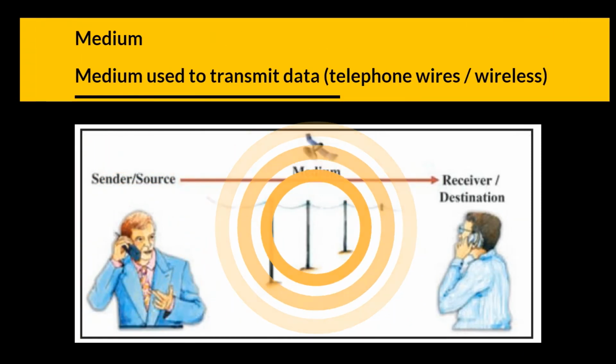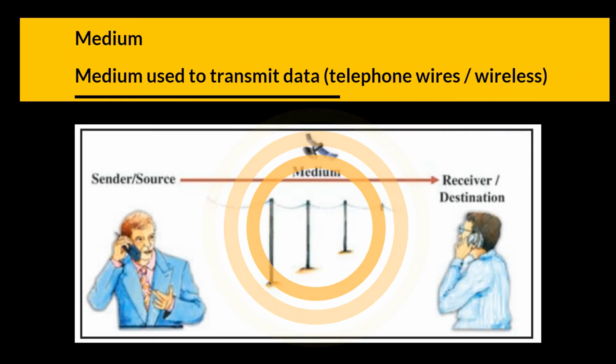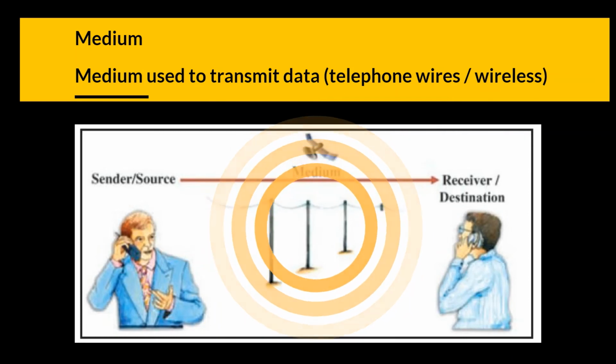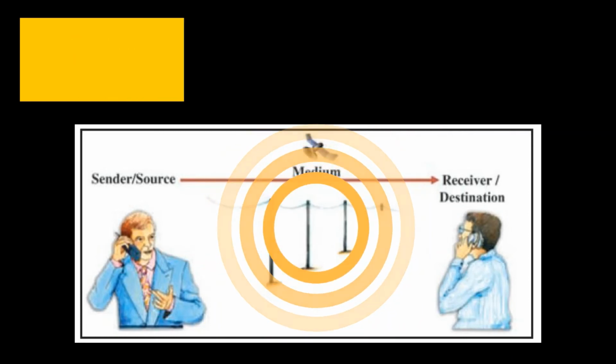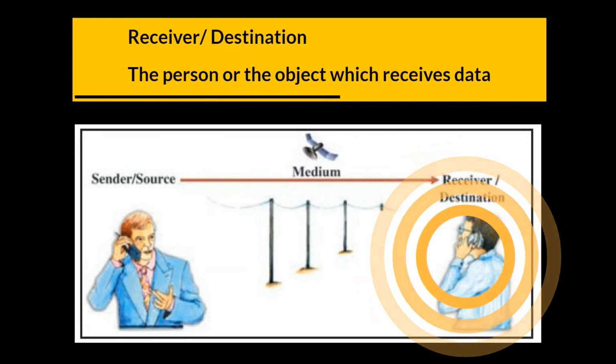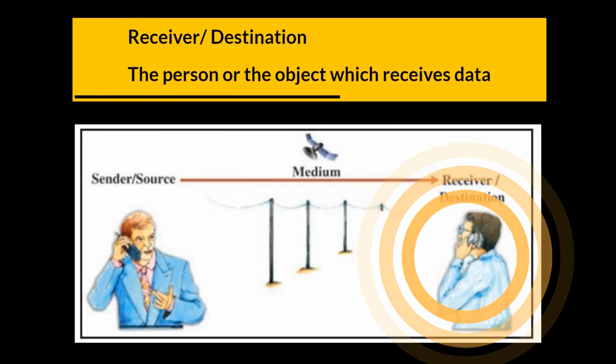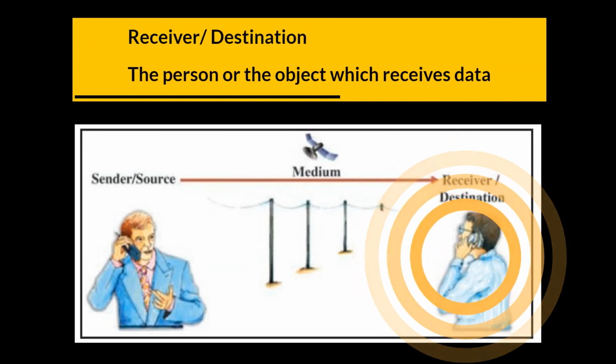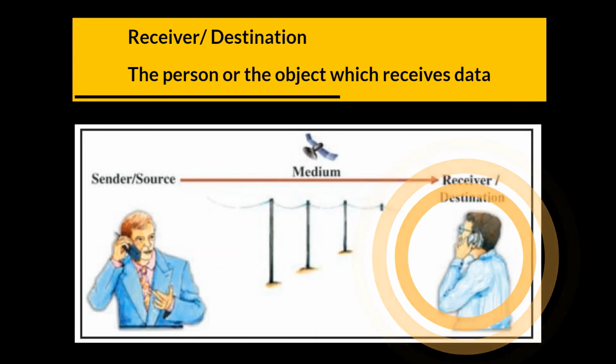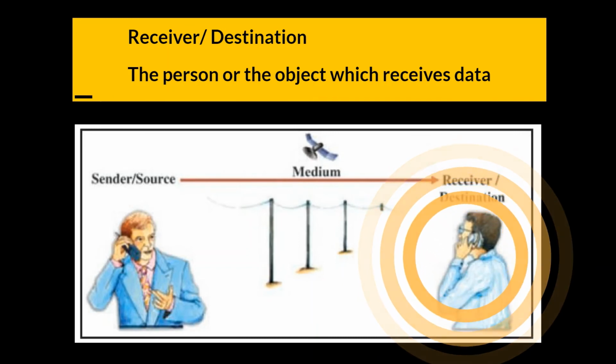Mediums like telephone wires or wireless mediums are used to transmit data. Receiver or the destination means the person or the object which receives data.